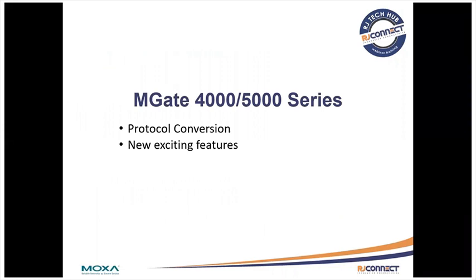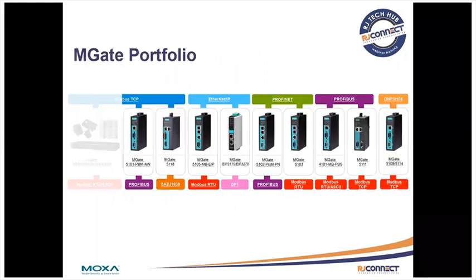Let's dive into the MGate 4000 and 5000 series and look at the different protocol conversions that we can implement, and some new and exciting features with the 5000 series. So here's an example of the MGate portfolio from Moxa. We've got a couple of popular industrial Ethernet protocols, such as EtherNet/IP, PROFINET, PROFIBUS, DNP3, and Modbus, of course.